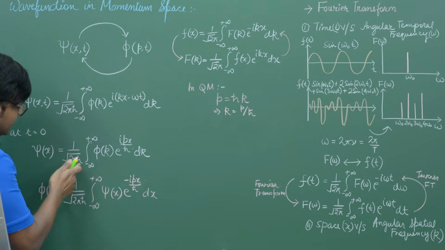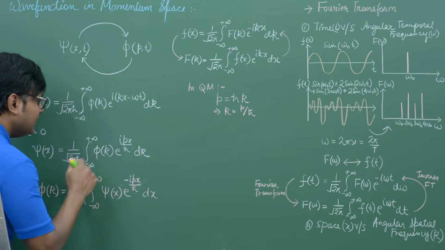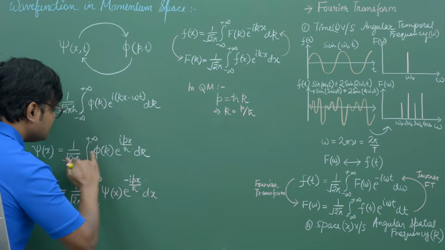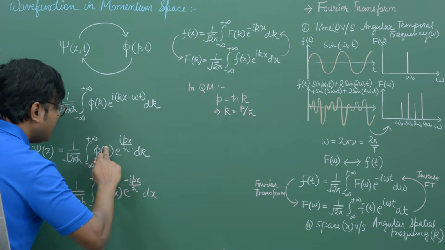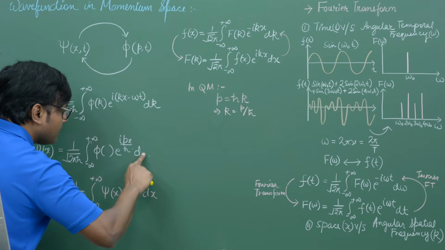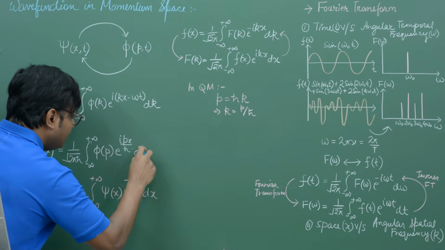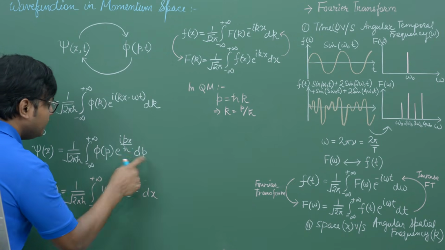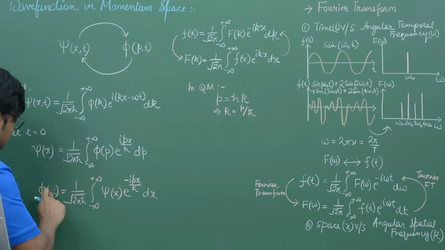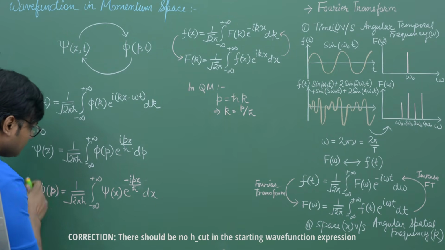And essentially the h cut here comes because we are integrating not in terms of k but in terms of p. I should have mentioned this before. So this is basically a function of p here. And the moment I go from k to p, that is how this h cut comes here in the normalization constant. The moment I substitute k with p, there is a 1 upon root over h cut that comes here. So by making the necessary changes, the resultant expression comes out to be this.